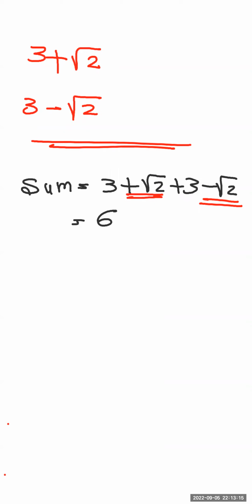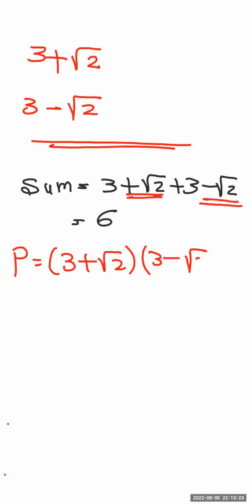Then the product will equal 3 plus the square root of 2 times 3 minus the square root of 2, two conjugate numbers, so the product will equal first squared minus second squared, so equal 7.